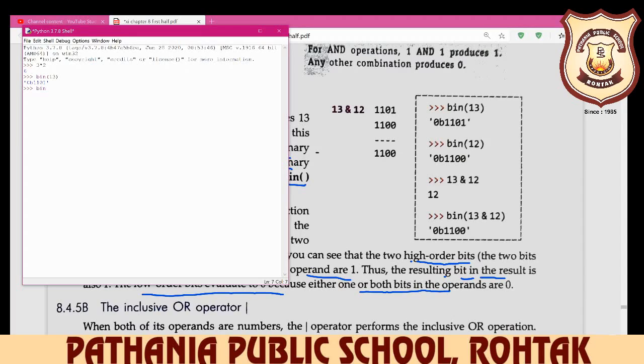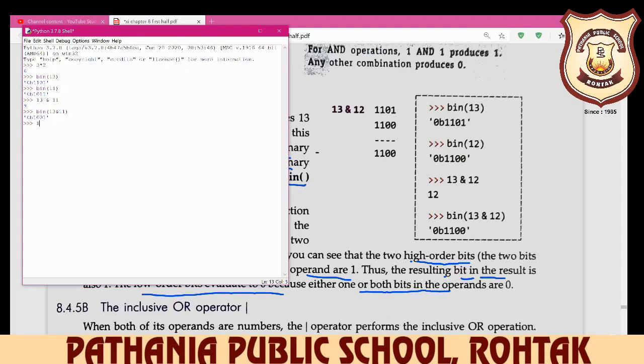And for example, you write down 13 and 11, so it displays your answer 9. But when you write down bin, bin means binary, 13 and 11, it displays the binary representation.